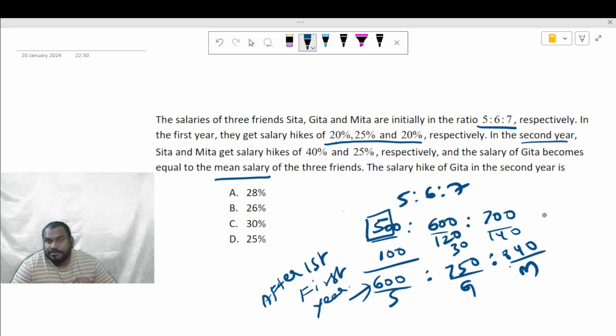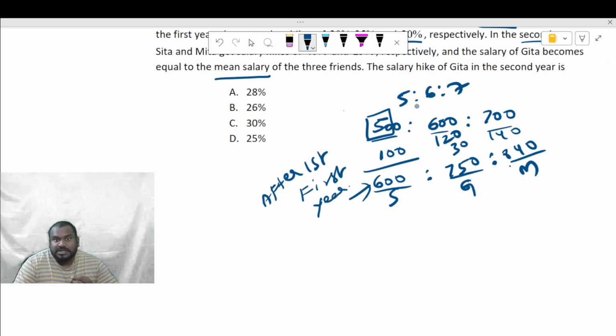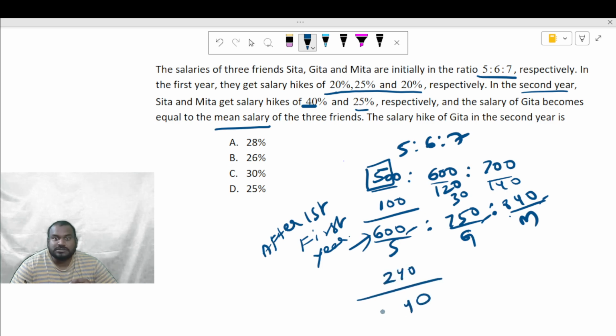Now what happened? In the second year, Sita and Meeta get a salary hike of 40% and 25%. But 40% and 25% will be on the salaries calculated after the first year. Sita got 40%. 40% of 600 is how much? 240, so 840.